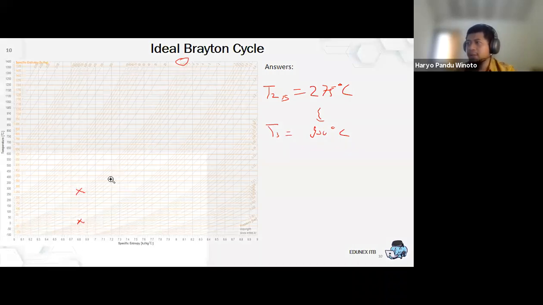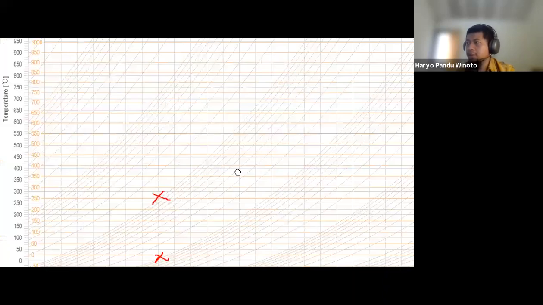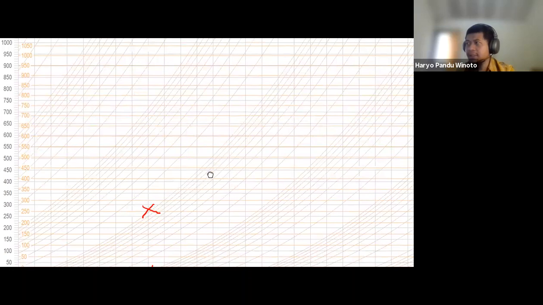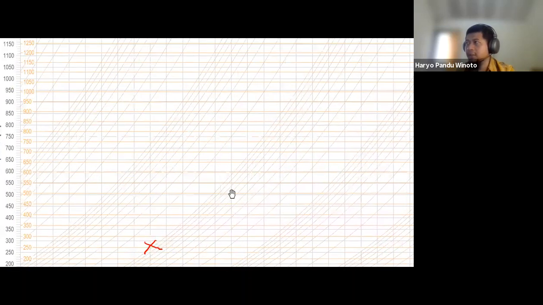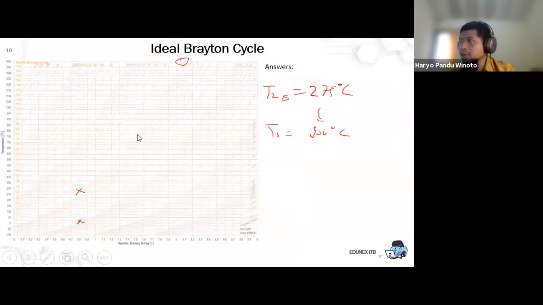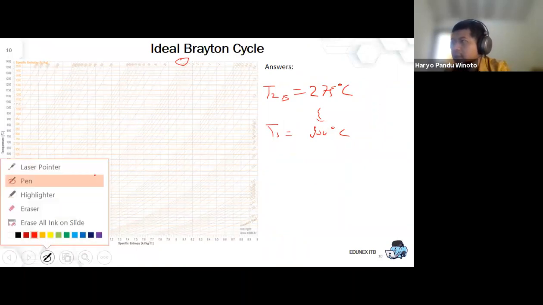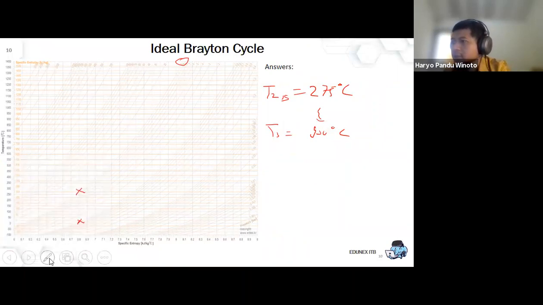Let's find it here, 200 at the same diagonal line, the same diagonal line, 900. Sorry, my eyes are a little bit not good. You can actually mark it by yourself. Okay, 900 centigrade, here.